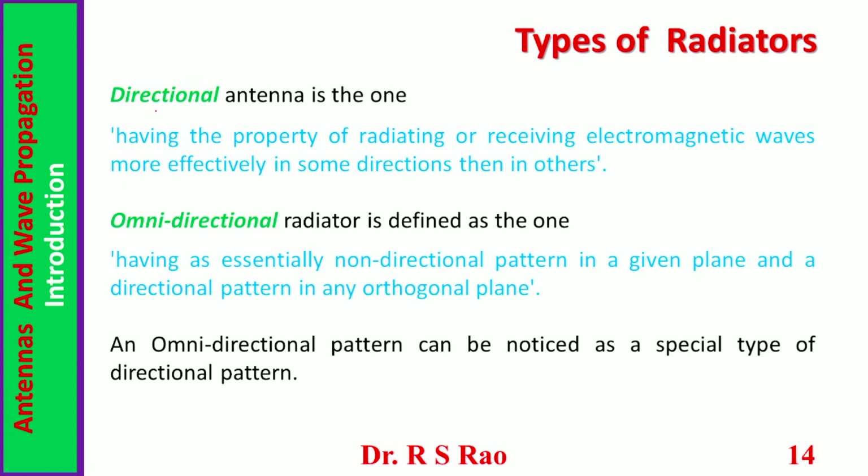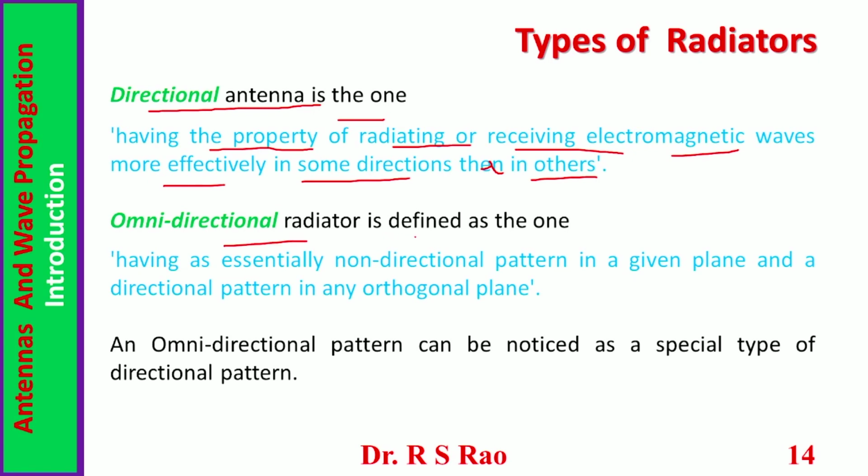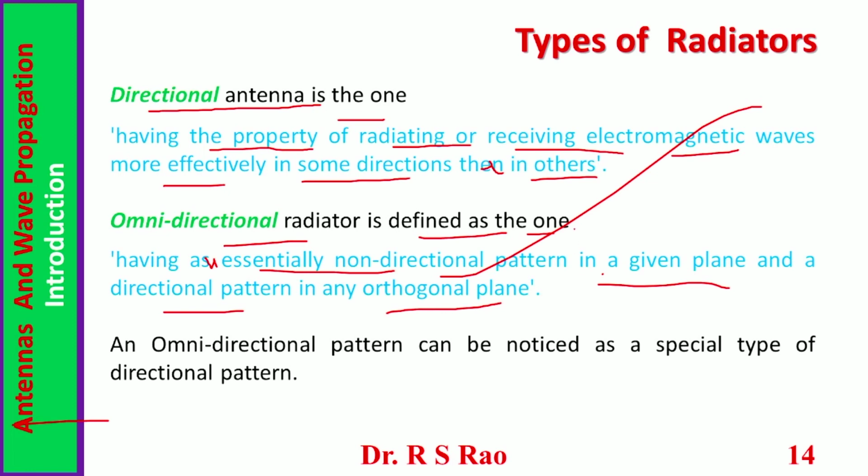Now, some information regarding directional antennas. A directional antenna is one having the property of radiating or receiving electromagnetic waves more effectively in some directions than in other directions. An omnidirectional radiator is defined as one having an essentially non-directional pattern in a given plane and a directional pattern in any orthogonal plane. These are academic definitions.